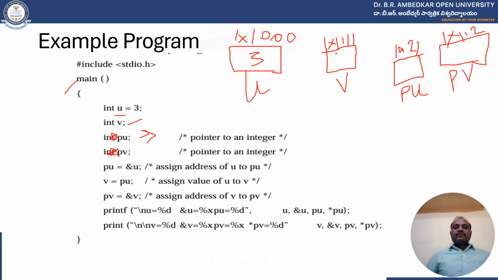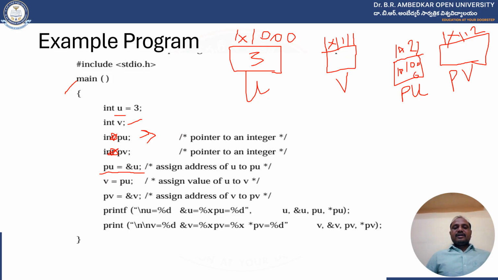Now pu is assigned with ampersand u, that is, the address of u will be stored in pu. The address of u is 0x1000, and that is stored in pu.